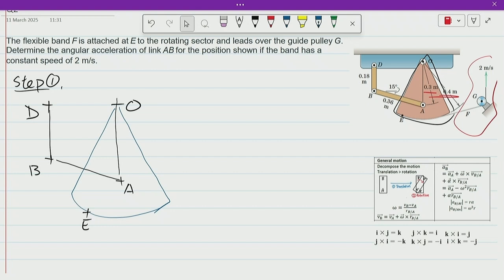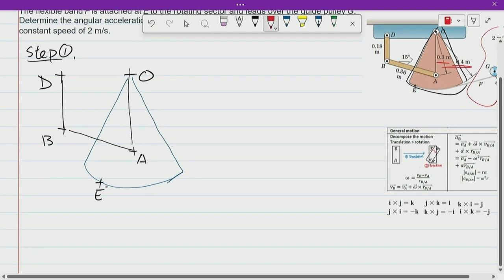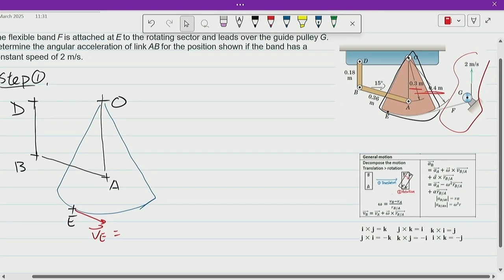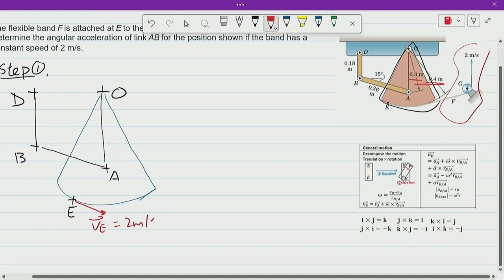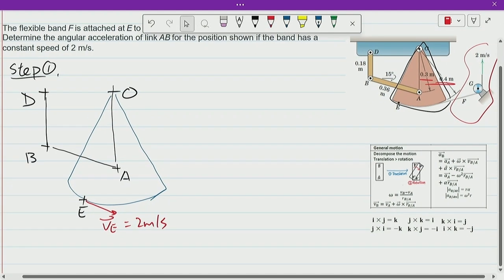So it's non-stretchable, it just means it can loop around. And in this case, VE is actually just the same as our V, or 2 meters per second, basically the speed of the rope that's being pulled, because it's directly connected to that point.